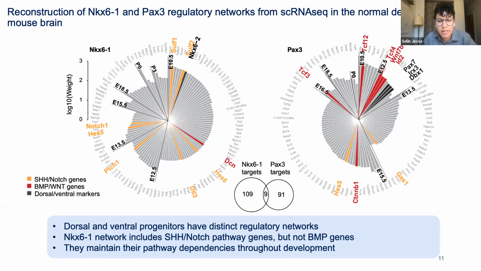And the way this method works is it looks for sets of genes that are co-expressed with transcription factors in single-cell RNA-seq data to get an initial set of possible targets. And then it does some pruning by restricting those possible targets to only genes which have motifs for the given transcription factor in the promoter regions of those genes. So by that, we get this inferred set of targets for each transcription factor based on the specific samples that we include in the single-cell RNA-seq analysis.